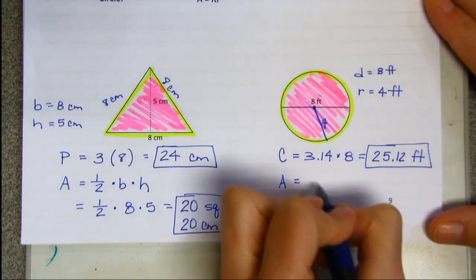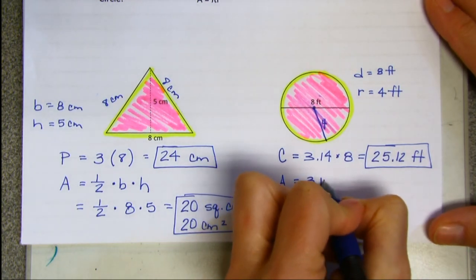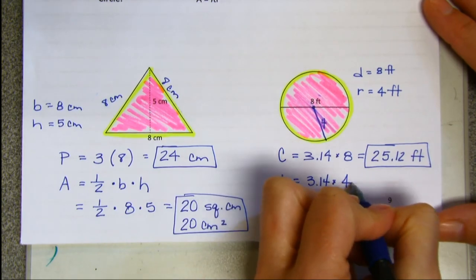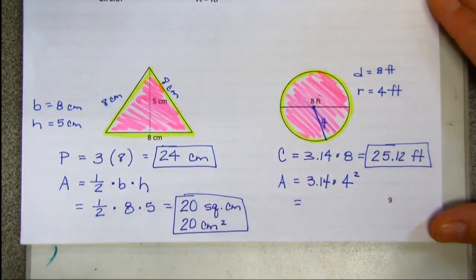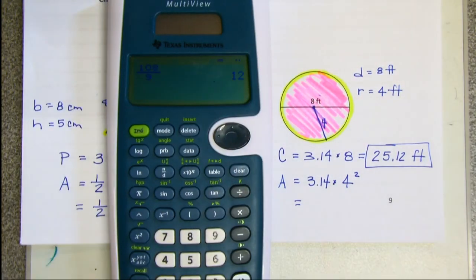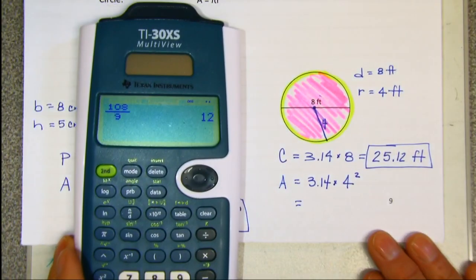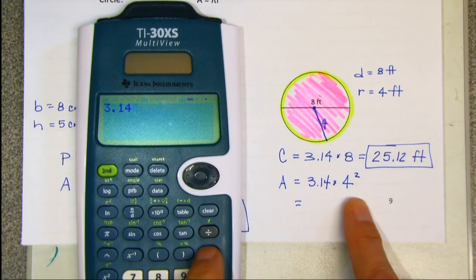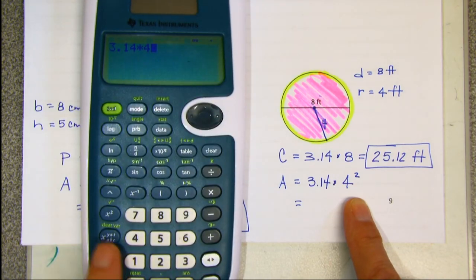That formula is pi, 3.14, times radius, which is 4 squared. All right, I want to remind you how to do squared on your calculator. So 3.14 times 4. All right, and then your calculator should have an x squared button.